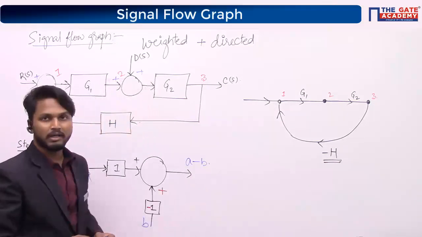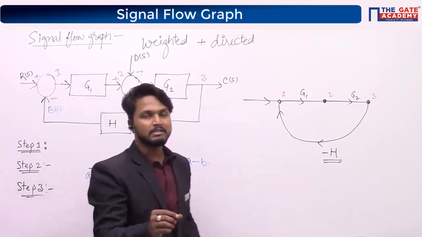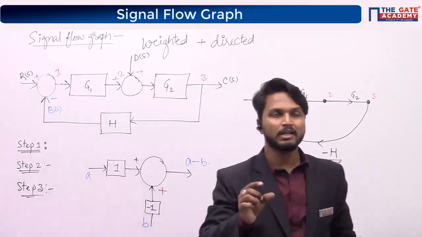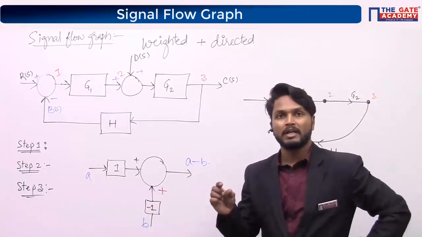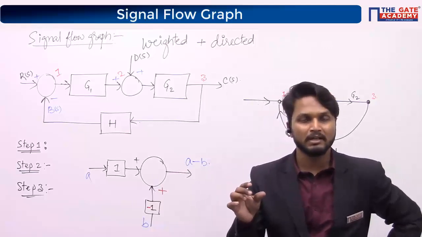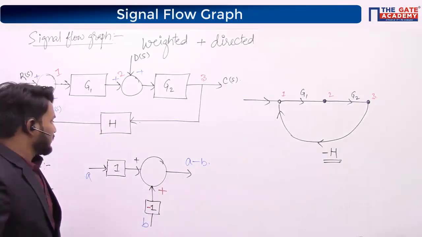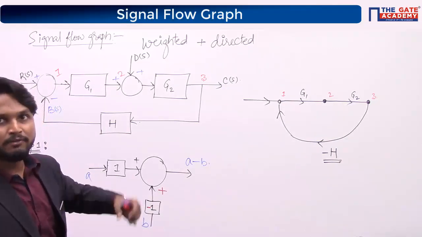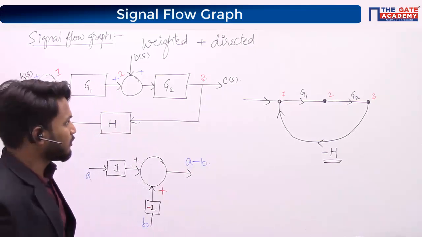You can write down this point like this: replace the gain h of a negative feedback branch with minus h. Is it clear? Clear now, right?